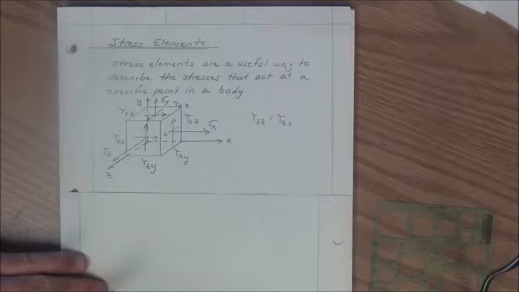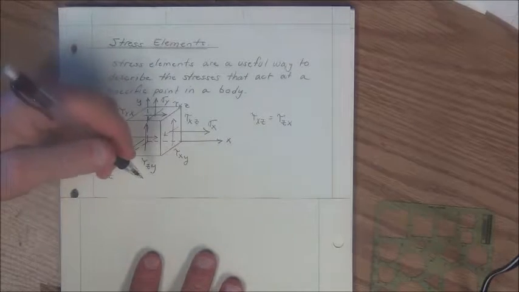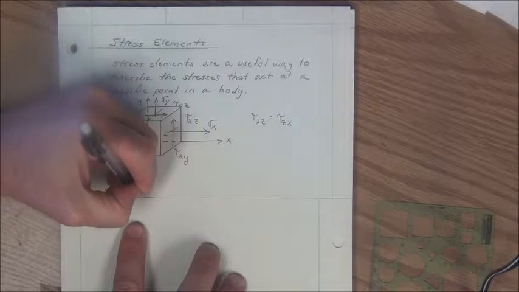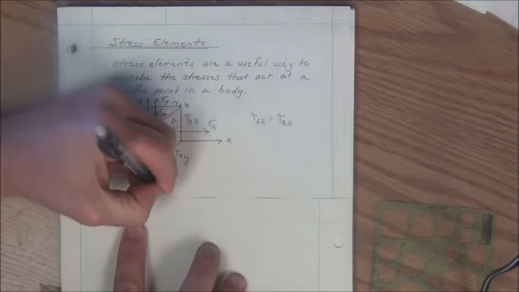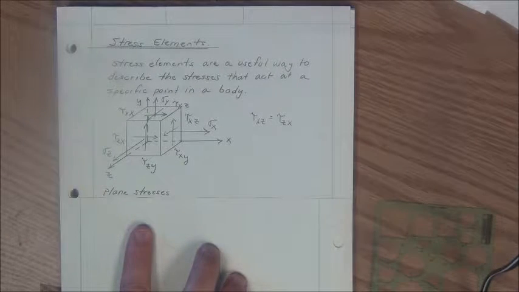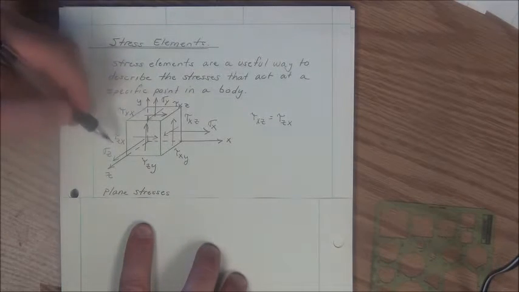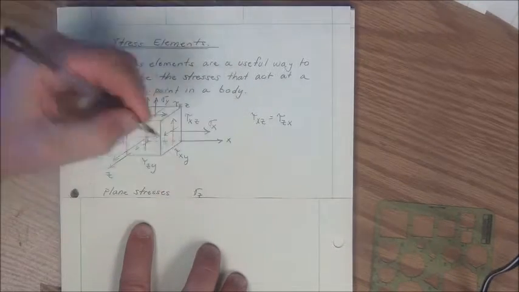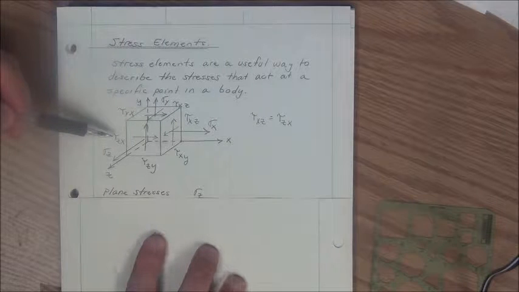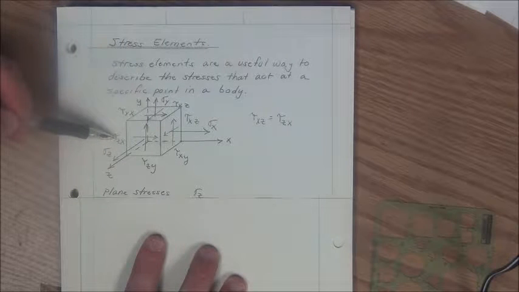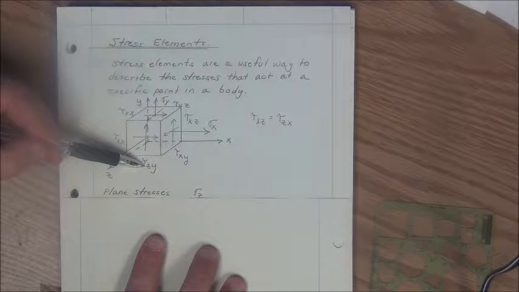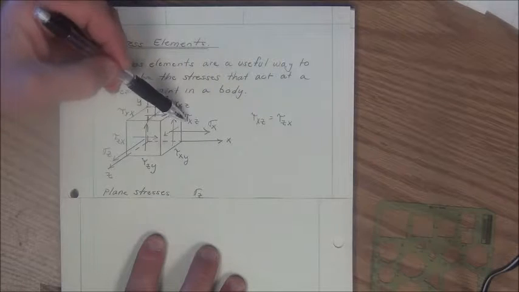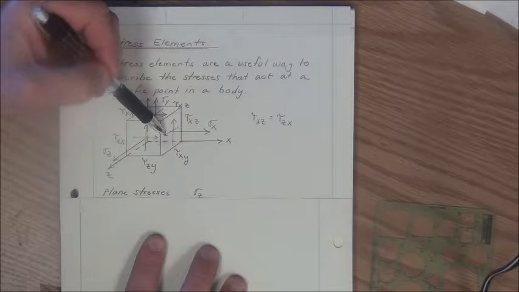Oftentimes we have a plane stress situation. In plane stress, one of the normal stresses goes to zero. So we have sigma z, for example, would equal 0. And any other stresses that have z components in them would also equal 0, which implies tau zx and tau zy equal 0. And if tau zx is equal to 0, tau xz also has to be equal to 0.